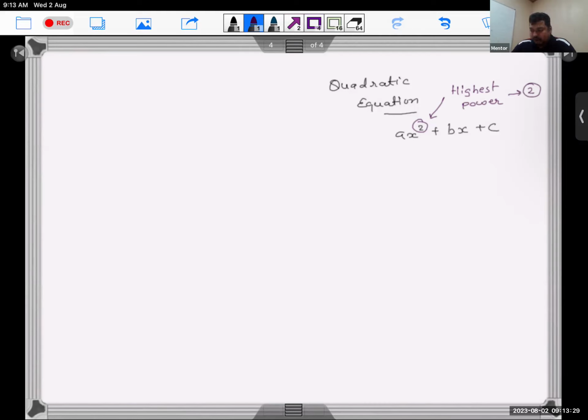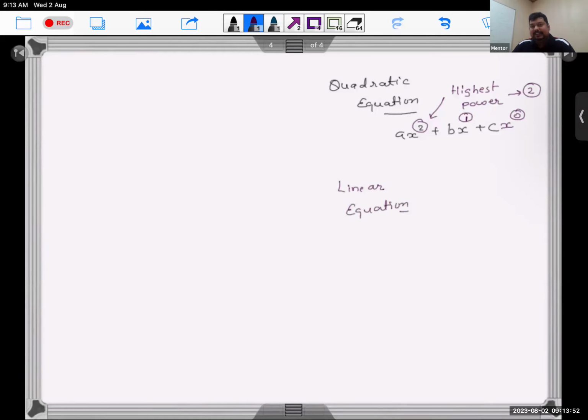You can see that there is a component of power 1 and there is a component of power 0 as well. X to the power 0 will be 1, right? So C is the coefficient for x to the power 0, B is the coefficient for x to the power 1, and A is the coefficient for x to the power 2. Now, how will a linear equation look like?